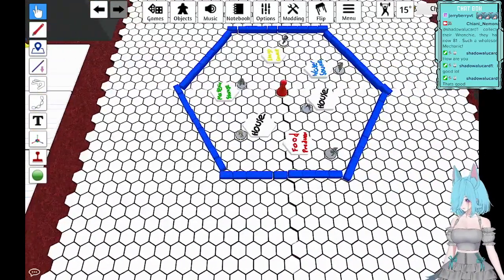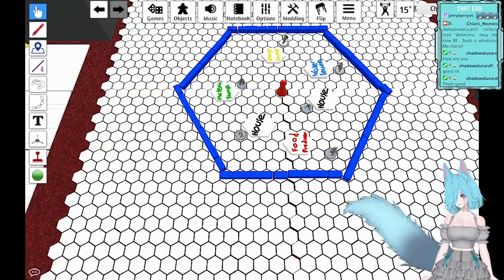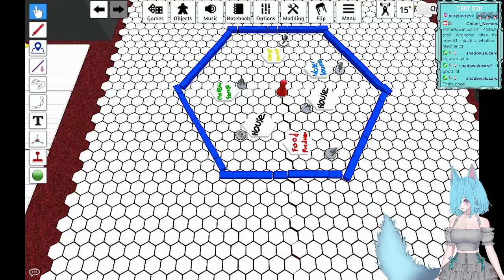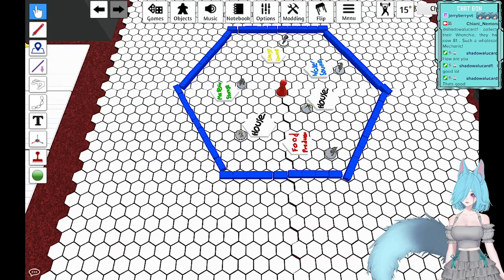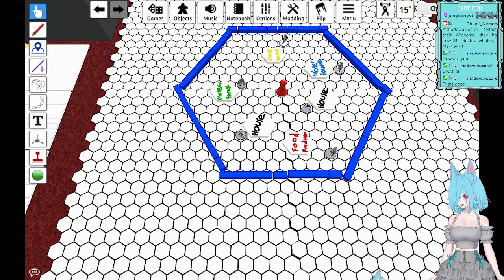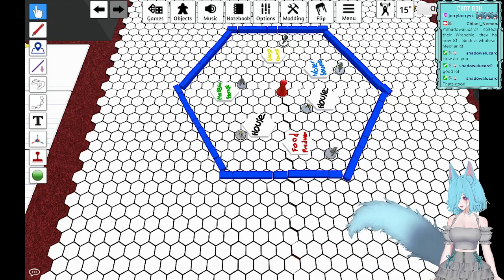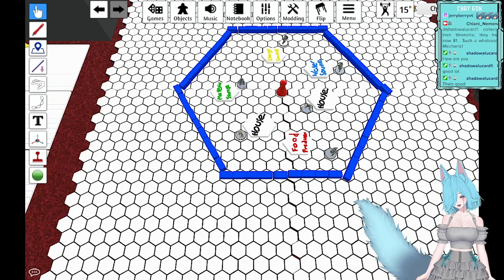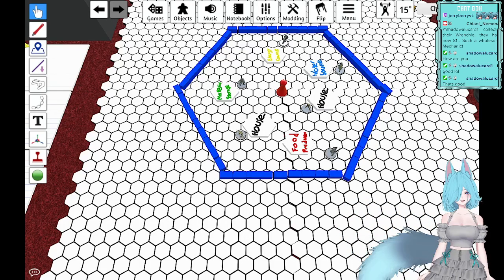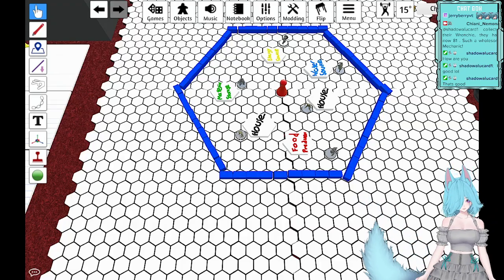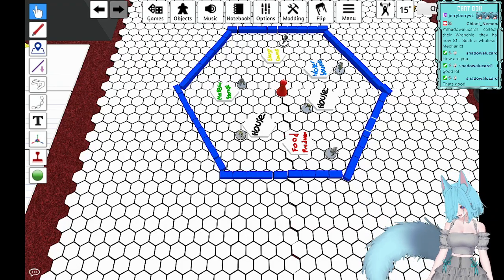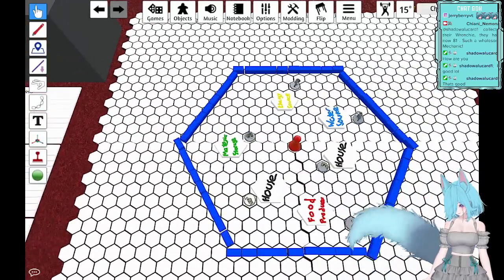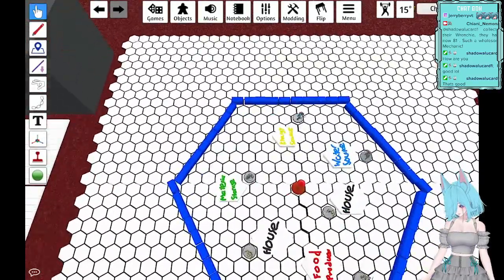So we have 2 turns to get somewhere, which... Actually, I just now realized this doesn't give us anything. We don't get anywhere in 2 turns because our speed is 1, and yeah. We don't get anywhere.